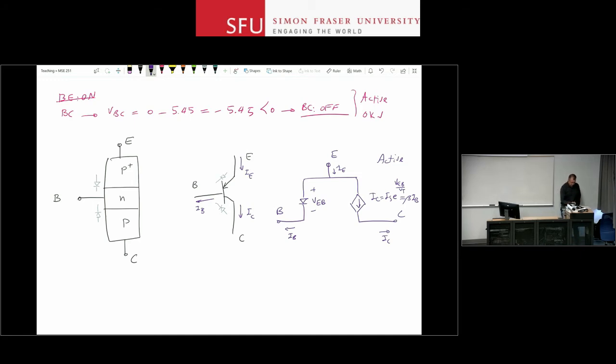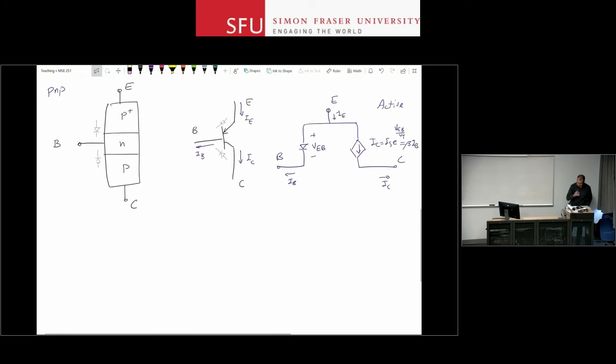The difference between a PNP and NPN device is that simple. The equations, again, I'm going to write them here. So IC is beta IB and alpha IE with the convention for the currents as shown over there. And there's also this exponential relationship between IS and IC. The only point to remember is that it is VEB for PNP.